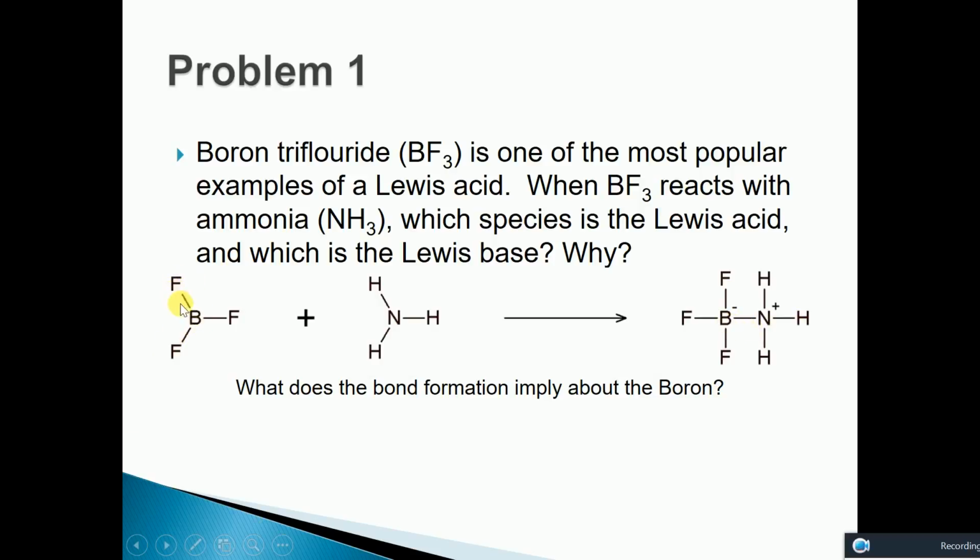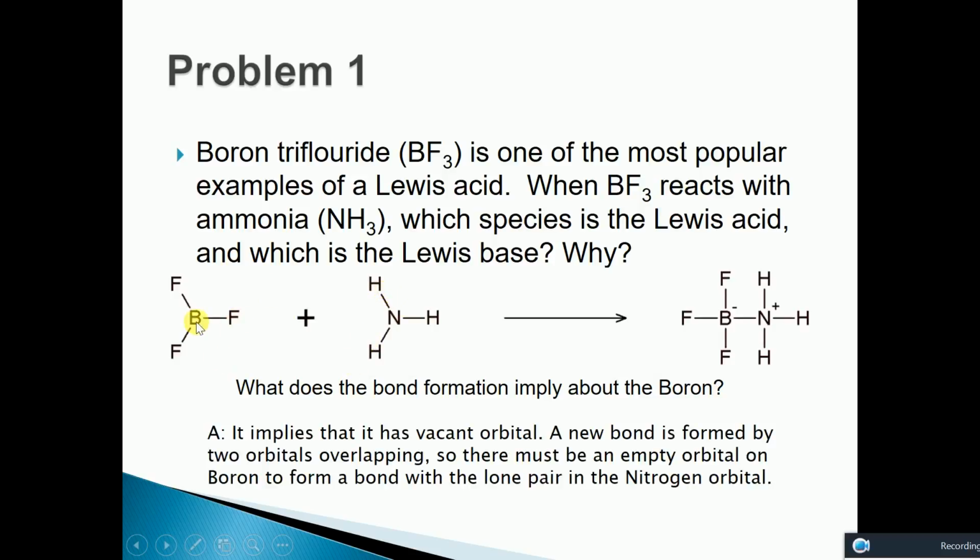But you would think that these orbitals are all filled and that there isn't a way for it to overlap. Obviously, these fluorines don't overlap with this nitrogen. Those orbitals aren't overlapping. They're full with the fluorine. So then what does that imply? It implies that the boron has an empty orbital that it can use to bond.